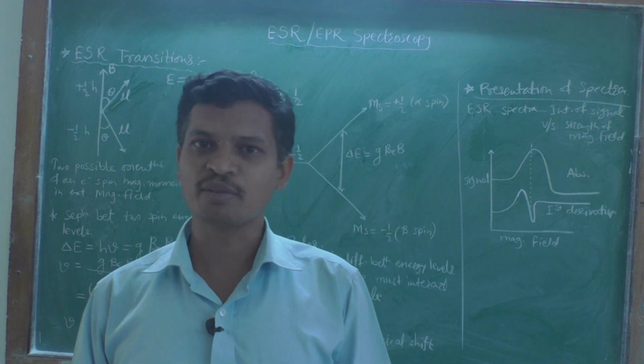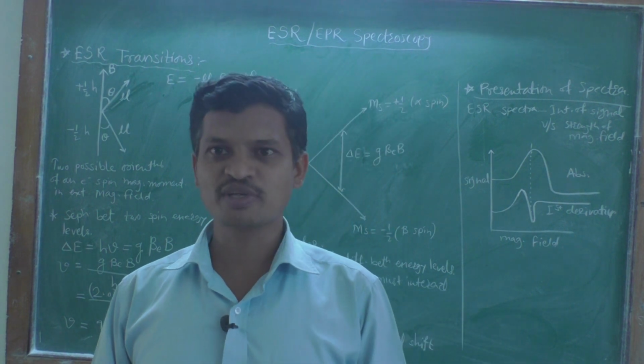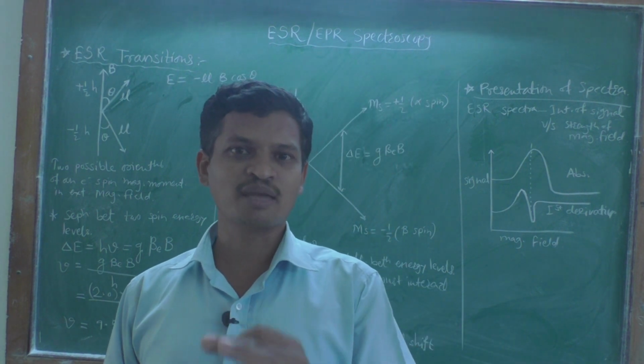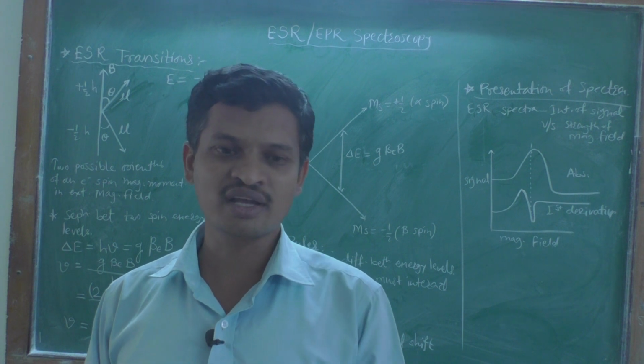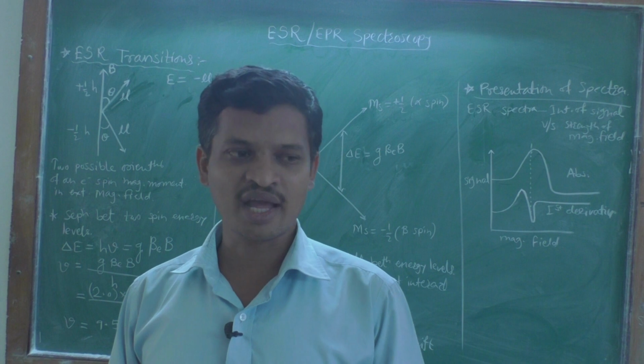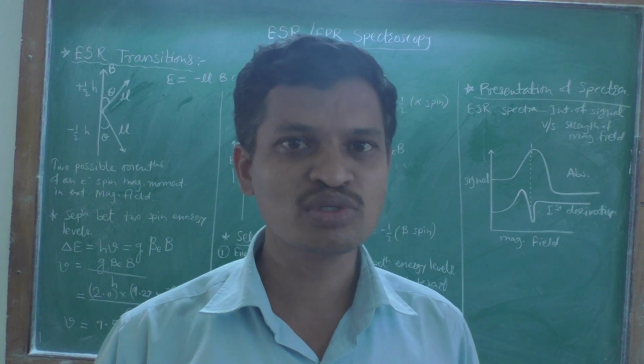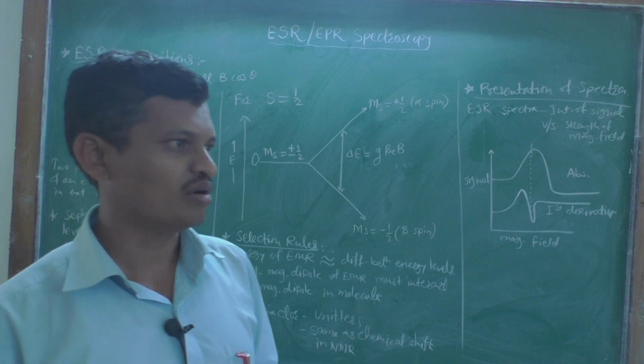Such chemical species are known as paramagnetic species. Whether it is a free radical, metal ions, or complexes, they are able to produce the ESR spectrum.